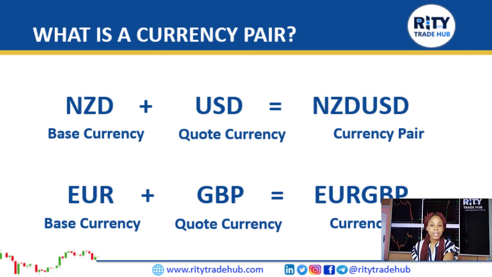And in the second example, the euro GBP, the pound is stronger than the euro. Now when you see these few exceptions, don't bother too much about why the weaker one is written first, even though it's quite glaring that the quote currency is stronger than the base currency. What you just have to do is to take note of them. It doesn't affect your trade, it's just for knowledge sake.